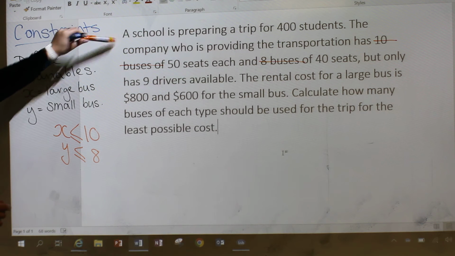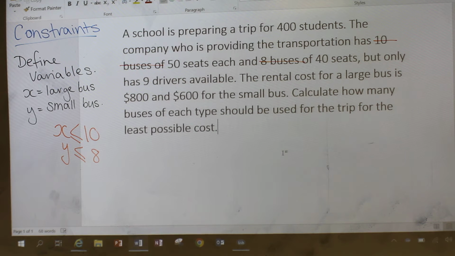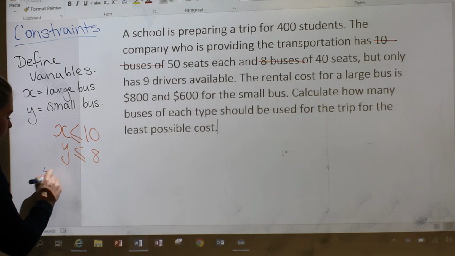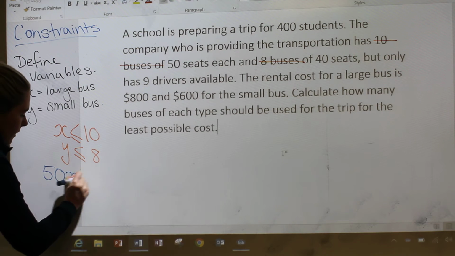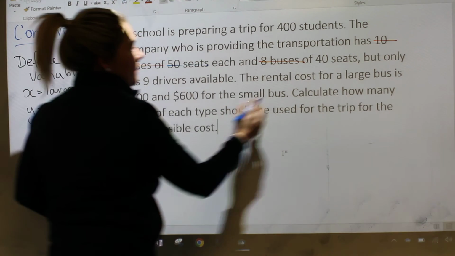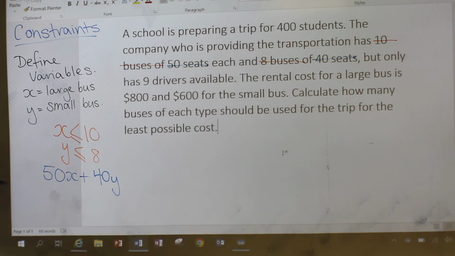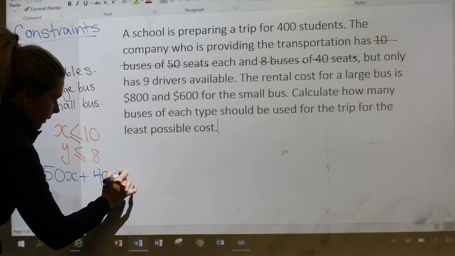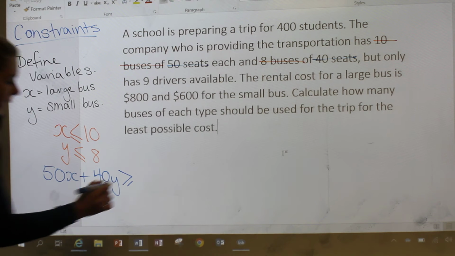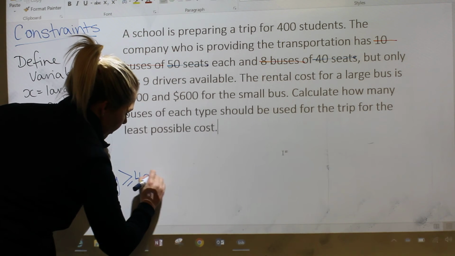We can now address this bit here. Okay, it's about the students. All right, we have to get 400 students. So we need to have 400 students minimum on this bus. Okay, we know that a large bus takes 50. All right, so 50 times X plus 40 times Y has to be greater than or equal to 400, okay?